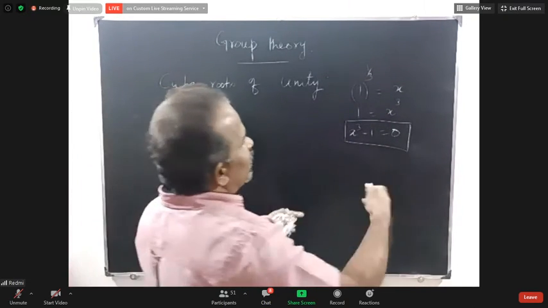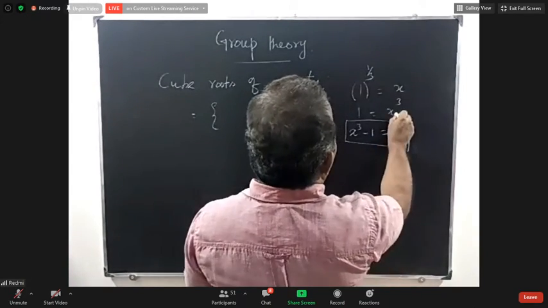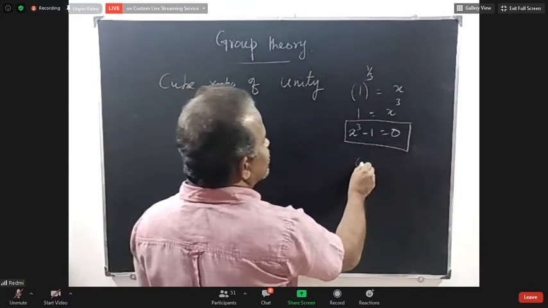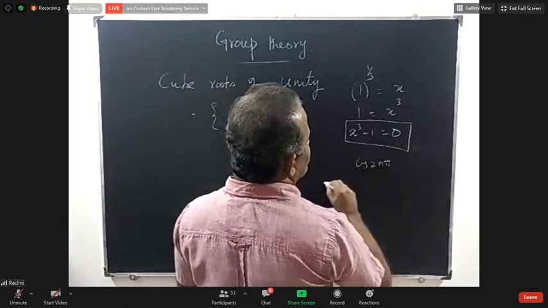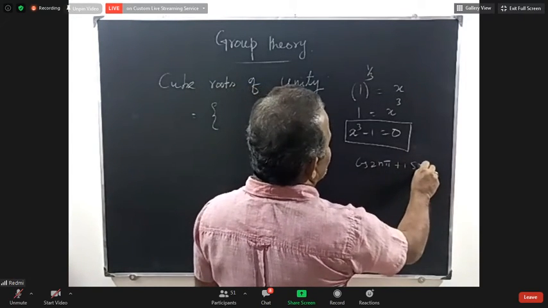So we can find them in many ways. Otherwise we can say that x cube is equal to 1. 1 can be written as cos 2n pi plus i sin 2n pi.